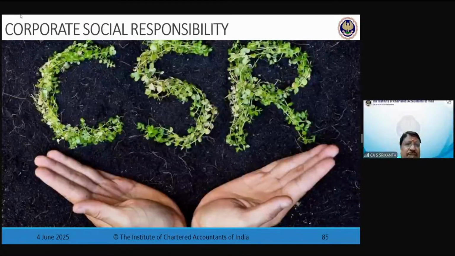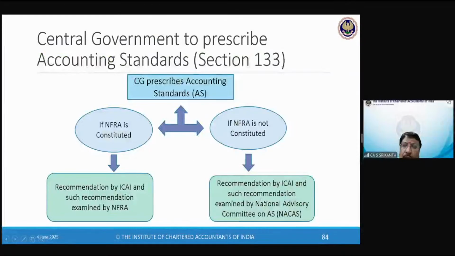Sorry if I'm wasting your time. But see, before NFRA, NACAS was the body that reviewed the accounting standards on behalf of the ministry. Before NFRA, the ICAI would make the accounting standard and go through the whole process. Members will give their views.